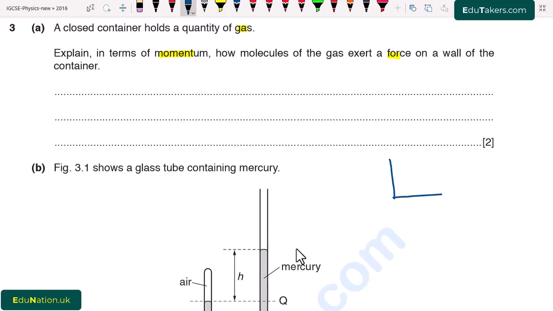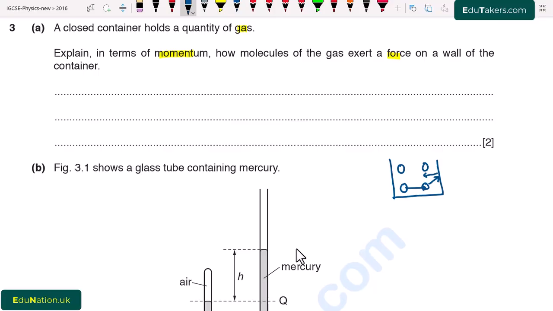and inside this there are gas molecules. We know that gas molecules are further apart from each other. There is a large distance between the molecules and these molecules collide with each other and also with the walls of the container. When they collide with the wall of the container, they bounce back and travel in the opposite direction. As a result, they change their direction.